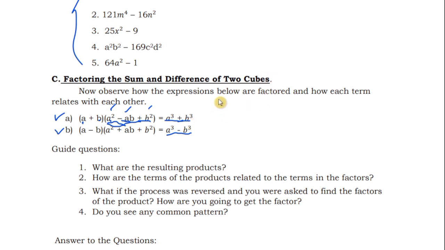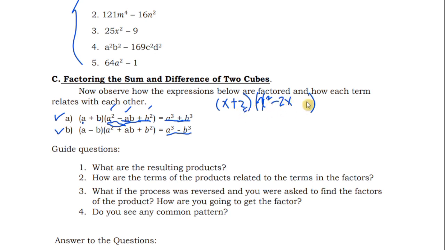For example, the first factor is x plus 2. The square of the first, we have here x squared. x times 2 is 2x. Take the opposite, we have here negative 2x.